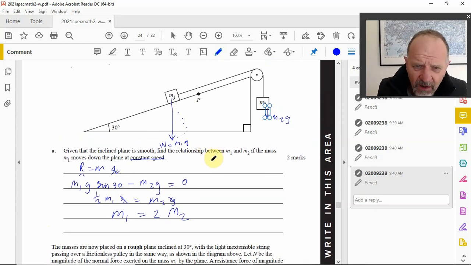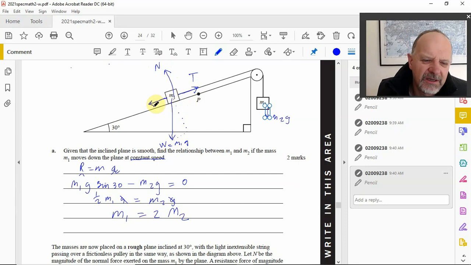Now, I've already drawn one of the forces on mass 1. That's its weight force. There's the force of the string, the tension force in the string pulling it up the plane. There's the interaction between the plane and the mass, which is my normal reaction force. Of course, you'd be using a ruler. And then because it's moving up the plane, friction opposes the motion.